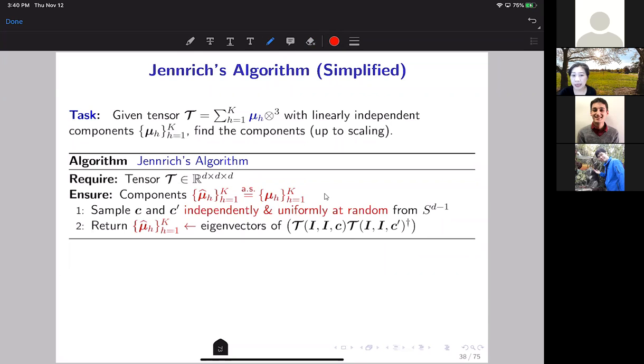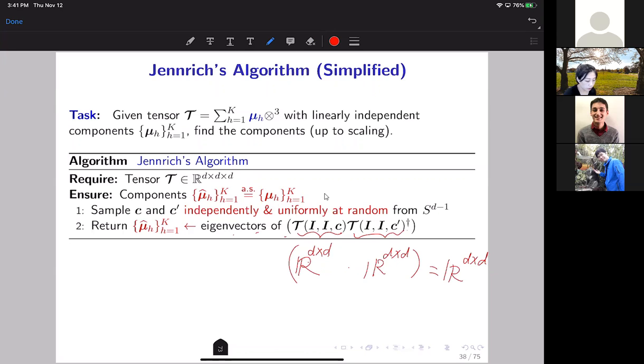Remember, this is a linear combination of the slices, so it will be a matrix, right? Because each slice is a matrix, and a linear combination of them is still a matrix. So this is a D by D matrix, okay? What about this one as well? D by D, right? And then the pseudo inverse of this D by D would still be D by D. So overall, a D by D matrix multiplied with a D by D matrix is just a D by D matrix, right?